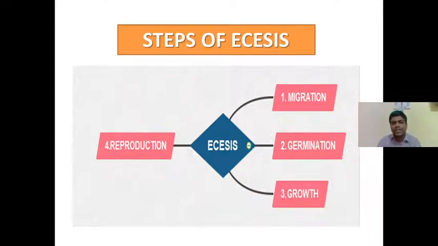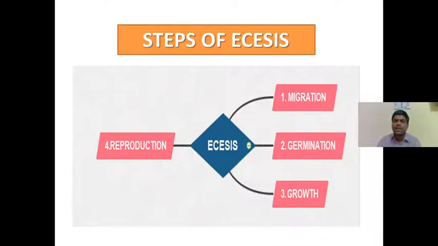Second, germination. If the seeds or plant parts such as twigs are capable of germination, then they will germinate in the new area where they have established. Third, after successful germination, they will start their growth and development, and that process is called growth, which is the third step in Ecesis.